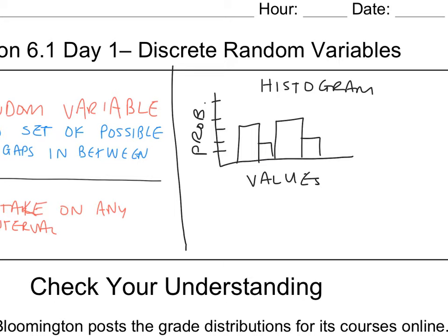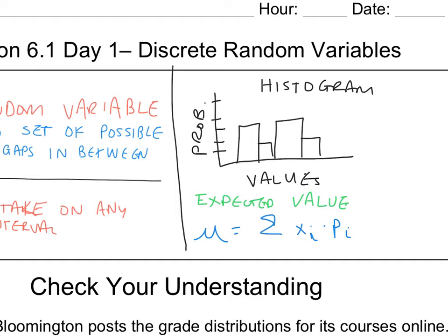What that would do for us is allow us to calculate what's called the expected value. Our expected value is calculated using all of the probabilities of all of the samples that are taken here. Our expected value formula looks like this: the expected value is equal to the sum of our given value times the probability of that given value.